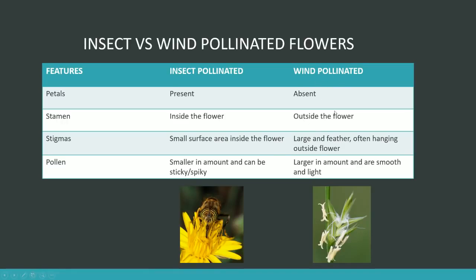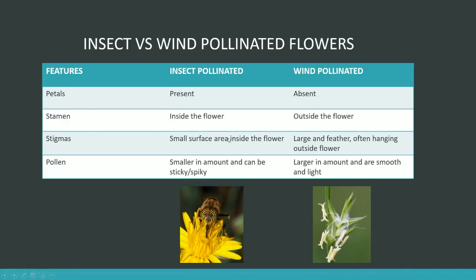And in a wind pollinated flower, the stamen will be outside the flower, dangling, because it needs to be exposed to the wind, and the wind can help carry the pollen to the stigma somewhere, right? So the stigma is also different. The stigma is also inside the flower for an insect pollinated flower, and that's the same reason why the stamen is inside.